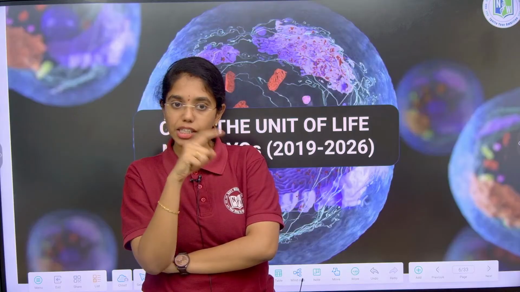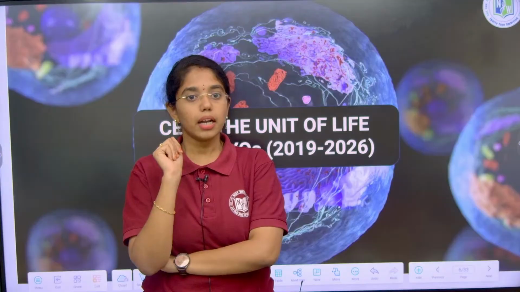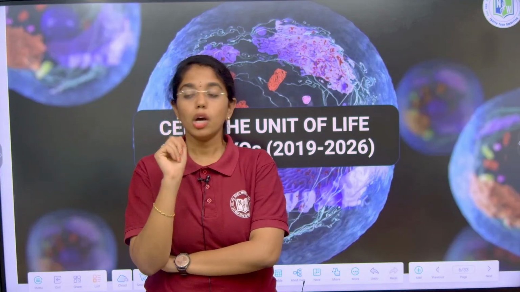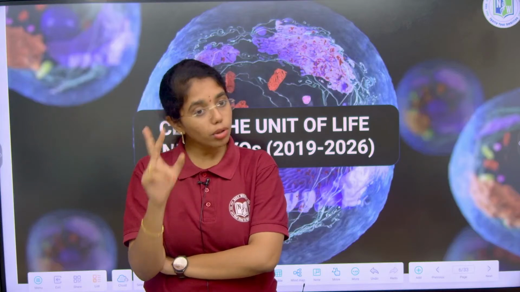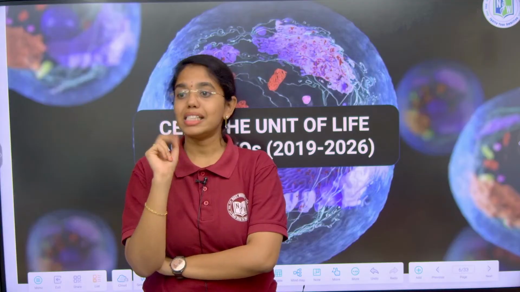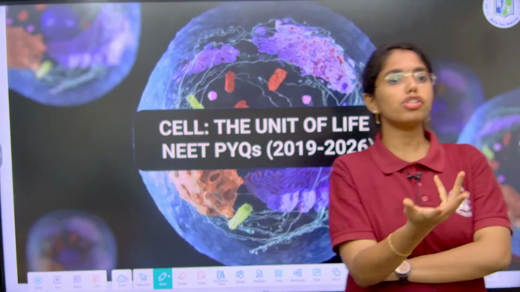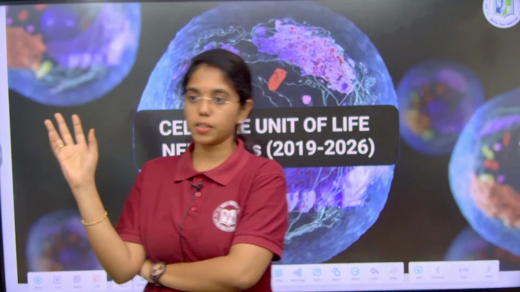That is synthesized from which organelle? Golgi bodies. Remembered? Now, inner to the middle lamella, what is formed? Primary cell wall, which is thin, extensible, made up of parenchyma. Inner to the primary cell wall, what is formed? Secondary cell wall. Secondary cell wall can be 2 to 3 layered. It consists of what? Cutin, suberin, lignin, pectins and all this, right.